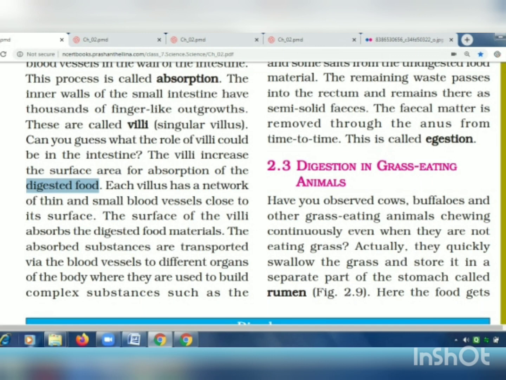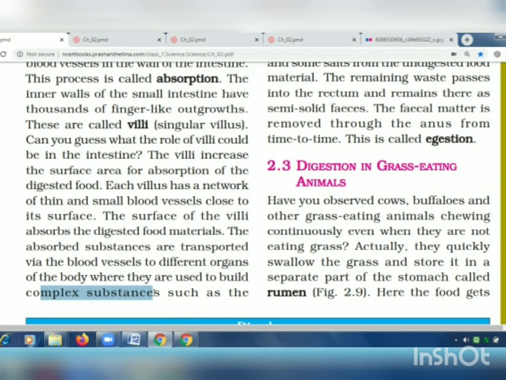So what are the villi doing? The surface of the villi absorbs digested food materials, as on the surface there are thin blood vessels. These blood vessels absorb the digested food material, and it is then transported via the blood vessels to different organs of the body, where it is used to build complex substances.